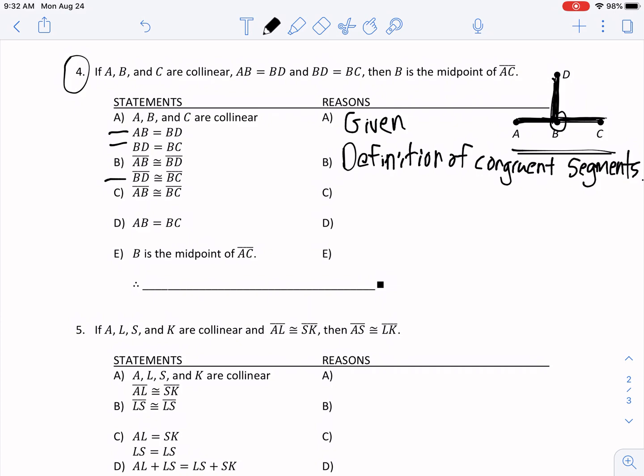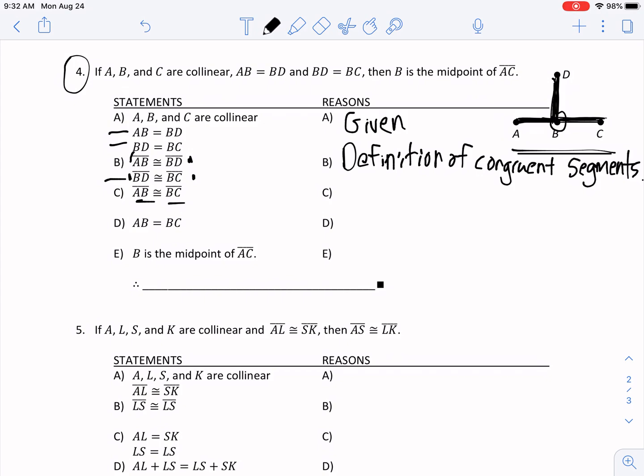Now on statement C, it says AB is congruent to BC. Okay, well, how do we know that? Well, think about your transitive property. This says AB is congruent to BD and BD is congruent to BC. Well, then by the transitive property, doesn't that mean that segment AB also is congruent to segment BC?